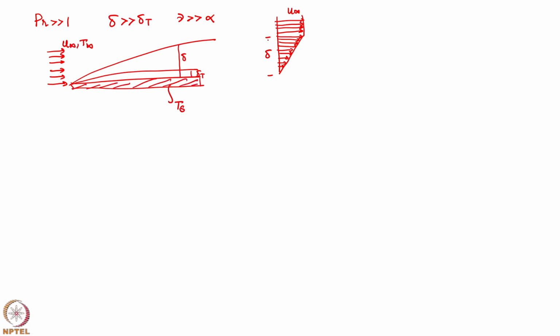Now, this is delta, but the thermal boundary layer thickness is very small. This is delta T, this is Ts, and this is T infinity. Now, let us get started with how to get this velocity profile.